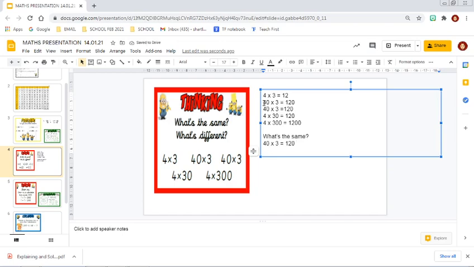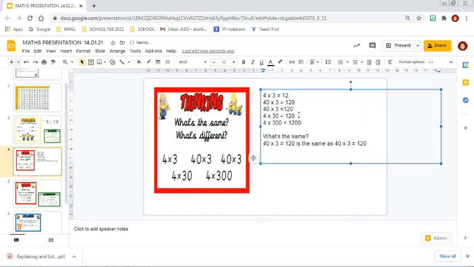And I can see here that I have 40 multiplied by 3 equals 120, and I also have it exactly the same underneath. So I know that 40 multiplied by 3 equals 120 is the same as 40 multiplied by 3 equals 120.